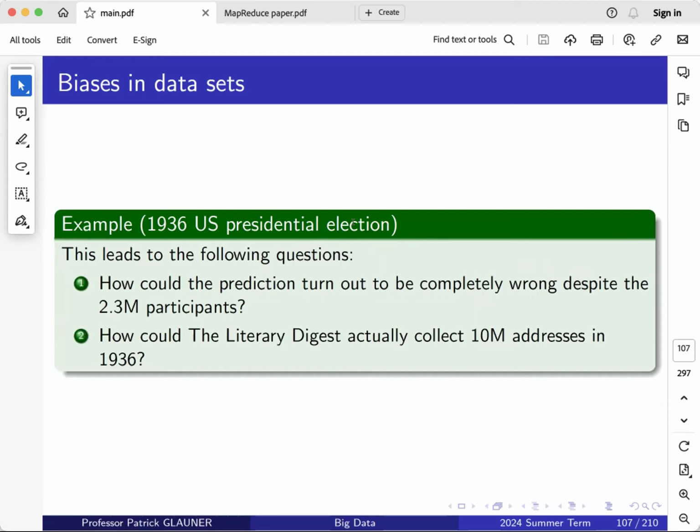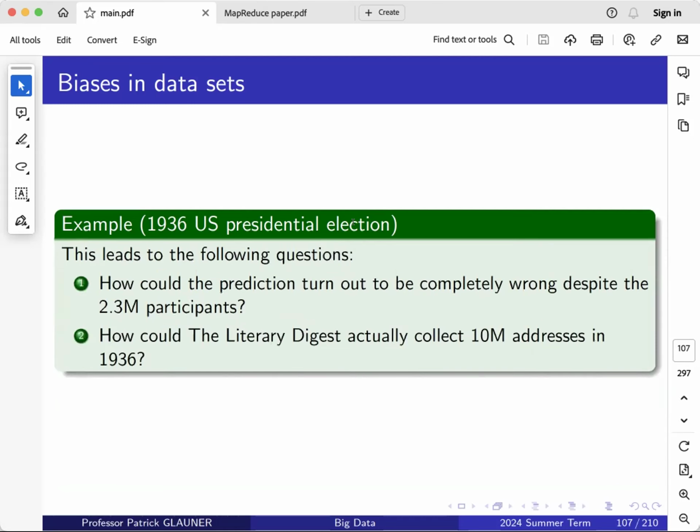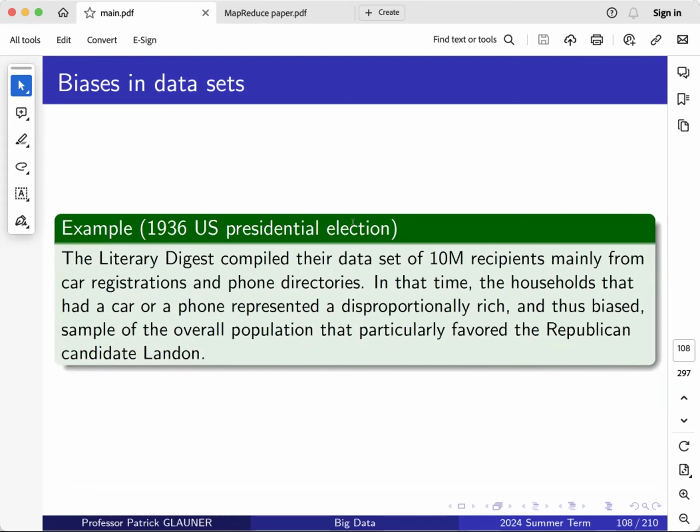This was really a big data analysis for that time. They needed to get 10 million addresses from somewhere, 2.3 million people responded, and that data had to be processed. The Literary Digest actually made sure that they counted and processed the data correctly. So that was not the issue.